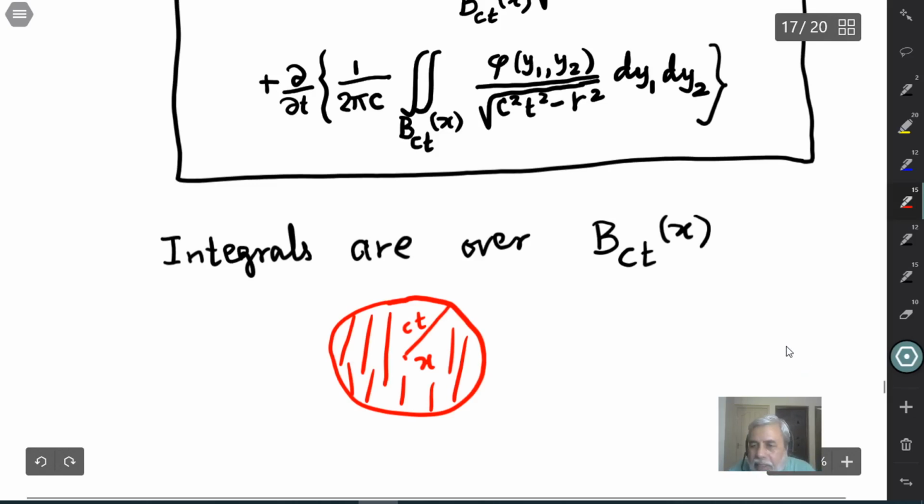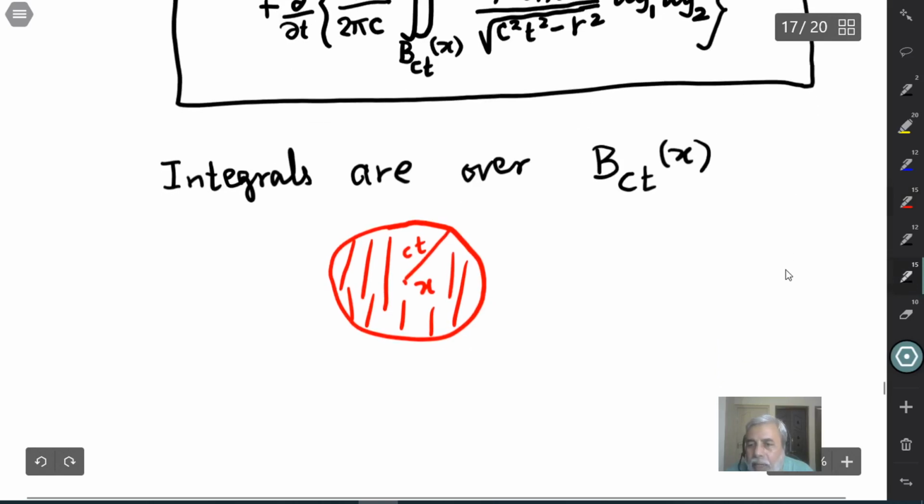And that makes the domain of dependence and other qualitative properties very much different from the three-dimensional solution. So for example, this is the domain of dependence. I just mentioned that.